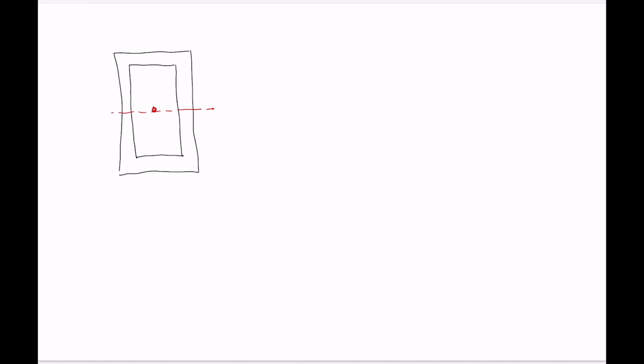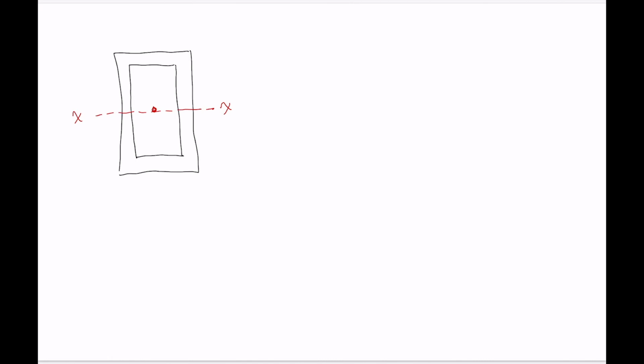What other cross sections do we have? If we had, let's say, a box beam cross section, where we've got a rectangle like that, but it's got a hole in the center of it, like this. So the centroid is here, and we've got our horizontal XX axis.